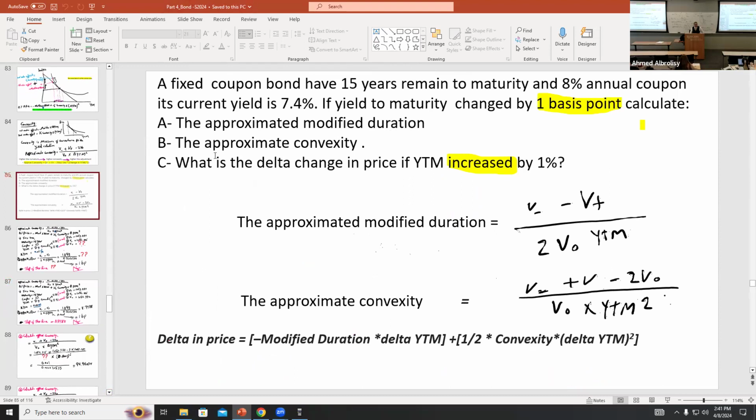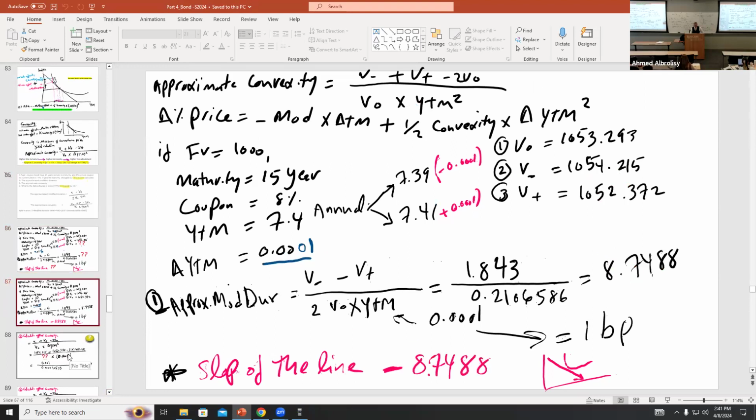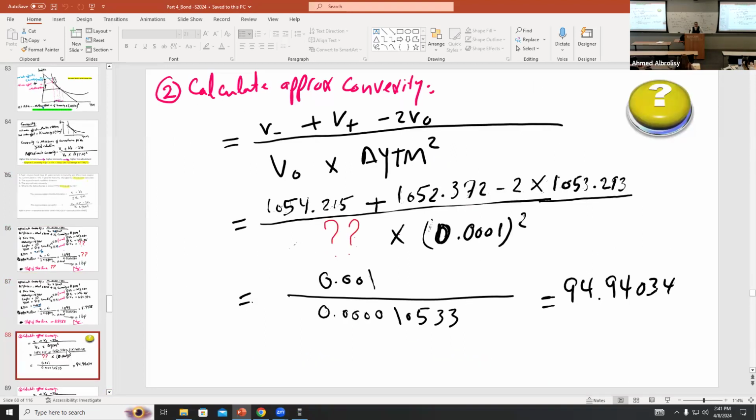The second question, what is the approximated convexity, right? To answer the approximated convexity question, we're gonna need to apply the approximated convexity calculation. And it's right there on the board, and you see it here. And again, I'm just using the one with the 2.